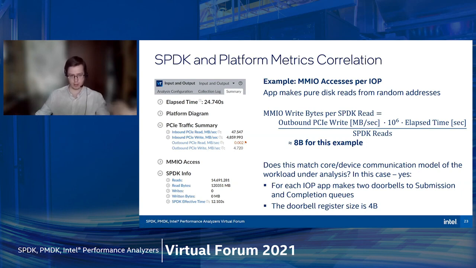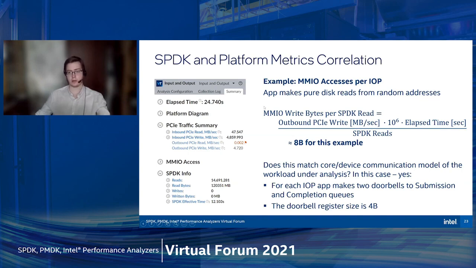And so I'm going to show you now how to make sure that your expectations are met, right? And that you do not use extra MMIO writes for traffic processing. So in the collected result, you can find the full outbound PCI write bandwidth. You can see how many reads your application made, and you know the collection time.